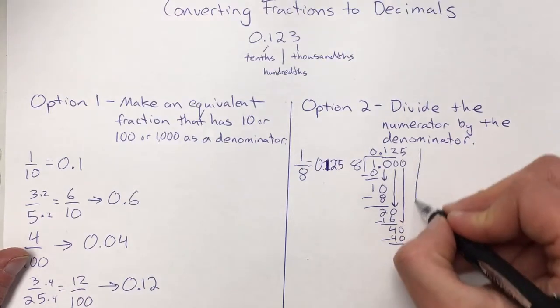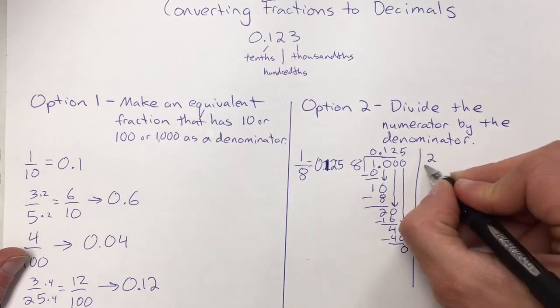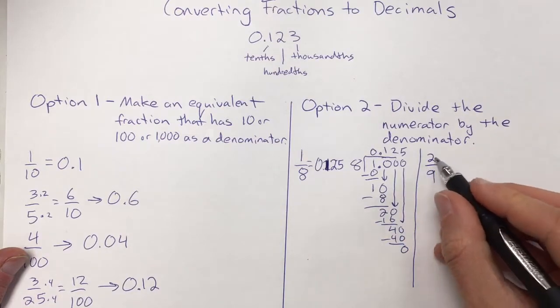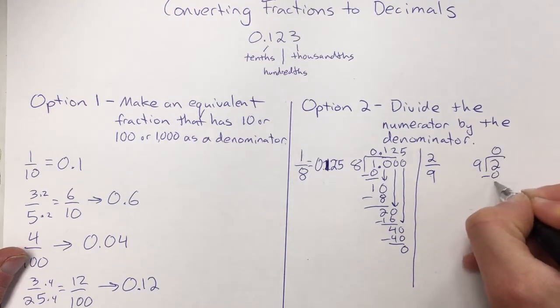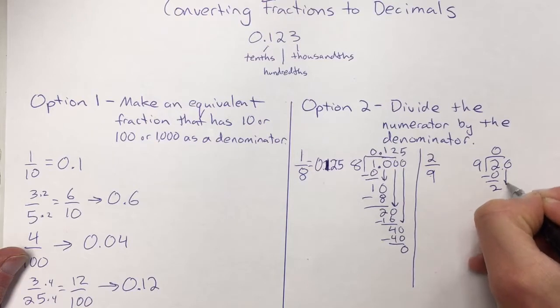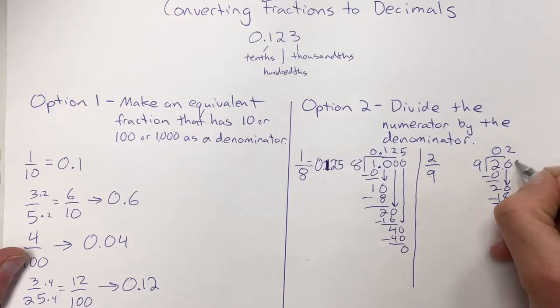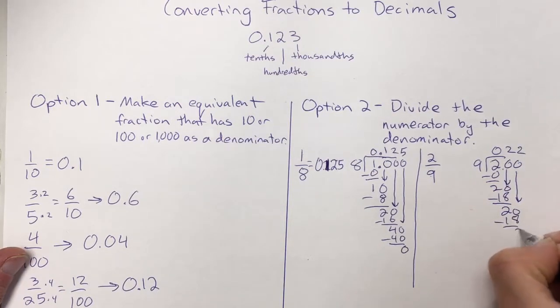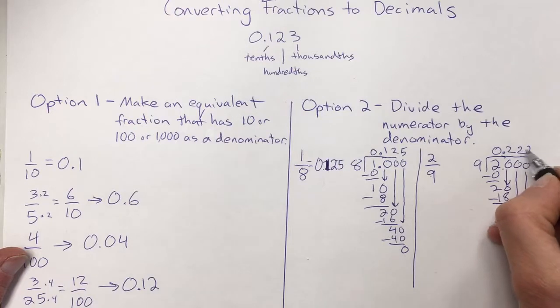Another common thing that might happen is let's say you had something like 2/9. So I'm going to take the numerator, divide it by the denominator. So I'll put the 2 inside, divide by 9, can't go in. Add a decimal point, bring down a 0. It goes in 2 times, minus 18 gives me a 2. Bring down another 0. 2 times 9 is 18, minus 18 equals 2. And you're going to see that there's a pattern, and that pattern is going to keep going on and on and on, meaning you're going to get 0.2222.